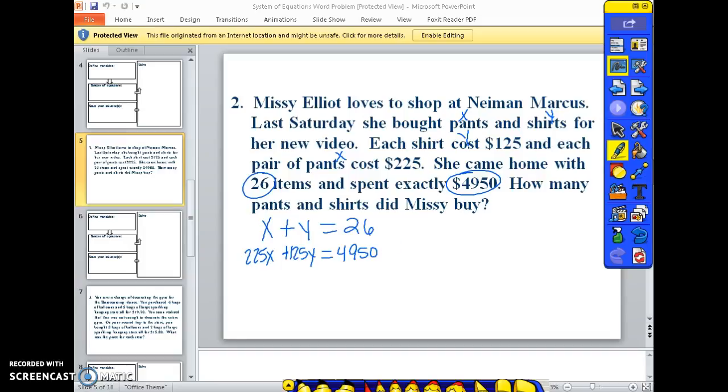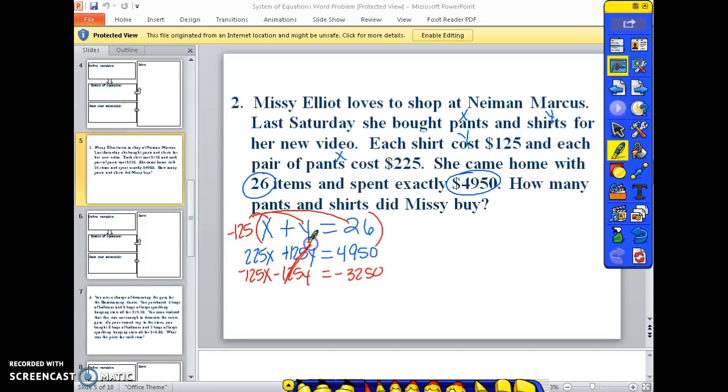So, to create opposites, this time I'm going to cancel out my Y. The opposite of 125Y is negative 125Y. So I'm going to multiply the whole top equation by negative 125. That's negative 125X, negative 125Y, and negative 125 times 26 is negative 3,250.